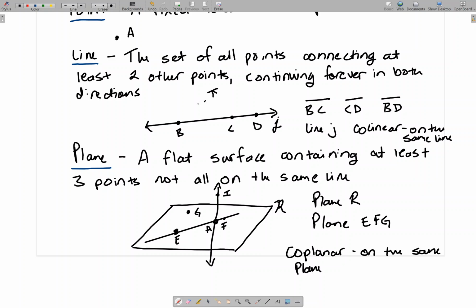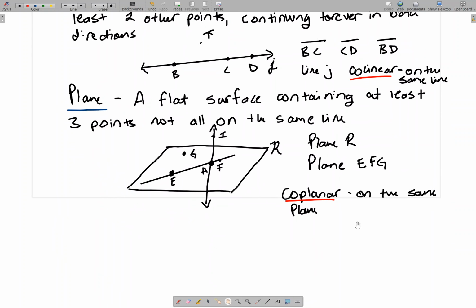If I have this point K here, K is not collinear with B, C, or D, but B, C, and D are collinear with each other. Let's use a different color. We'll call these something different because they're sub-definitions. They're part of line and plane: collinear and coplanar.